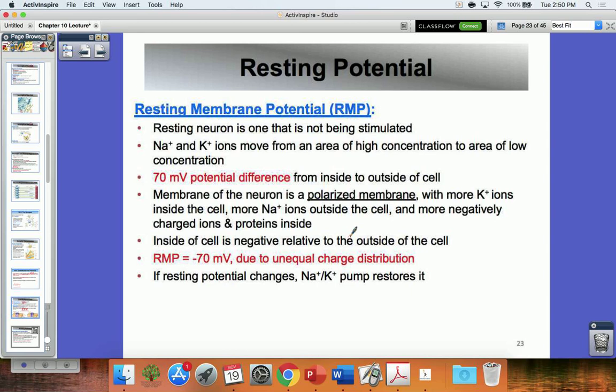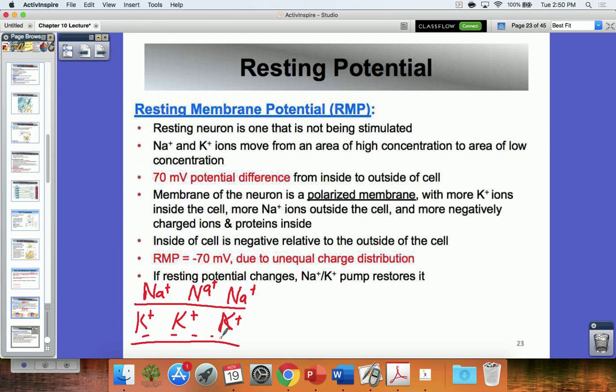So, when a cell is at rest, that means that there's no signal being sent, it's just at rest. Again, we still have more potassium on the inside of the cell. More sodium on the outside of the cell, but this area here is still more negative.